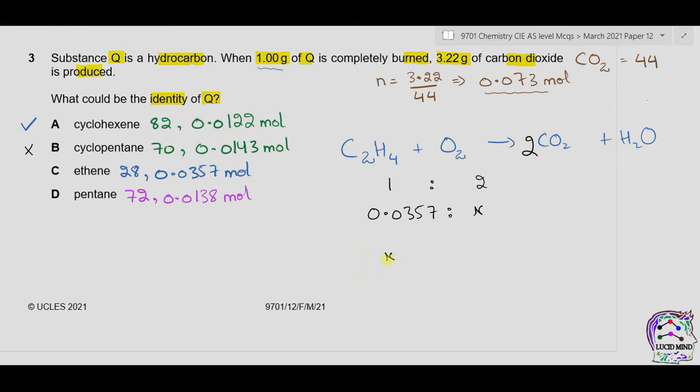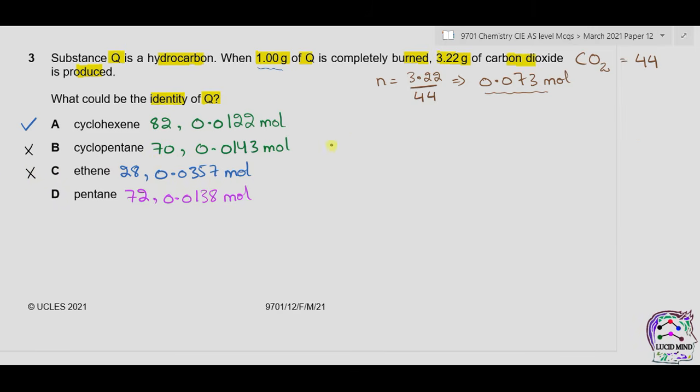Let's cross multiply. The number of moles comes equal to 0.0714 moles of CO2 that is produced. This is not similar to this one, so C is also wrong.